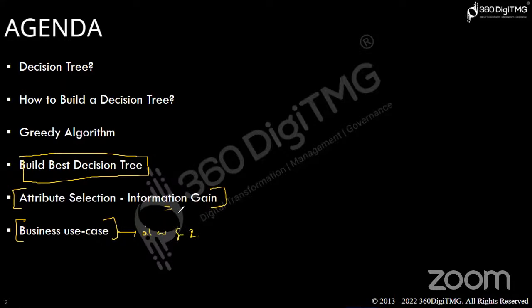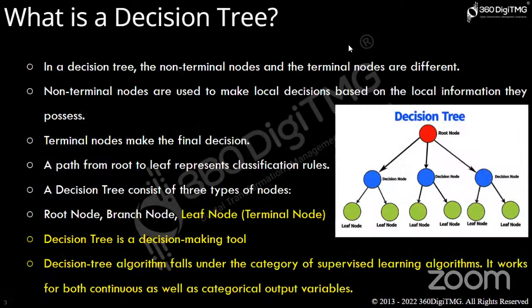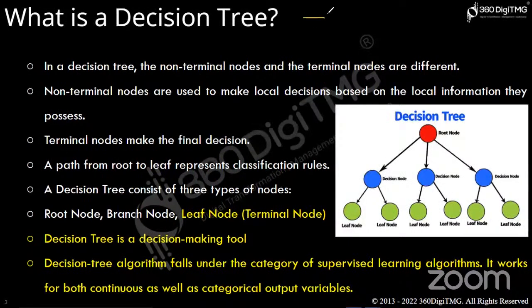So let's look into what a decision tree is. We have gone through many flowcharts, right? Flowcharts are related to some program or some data, and we have different connections in them.